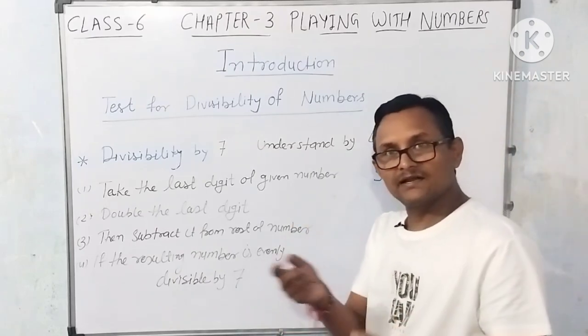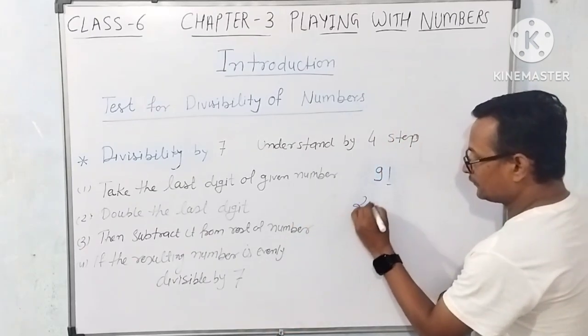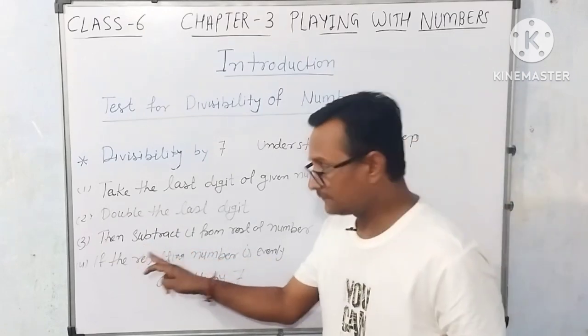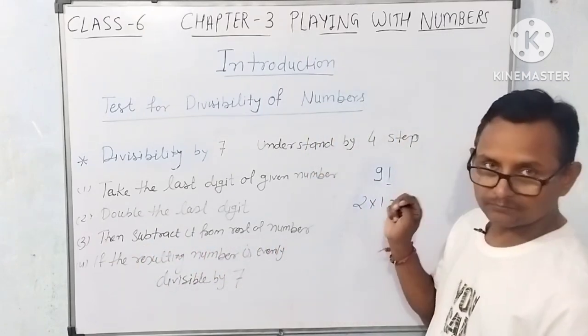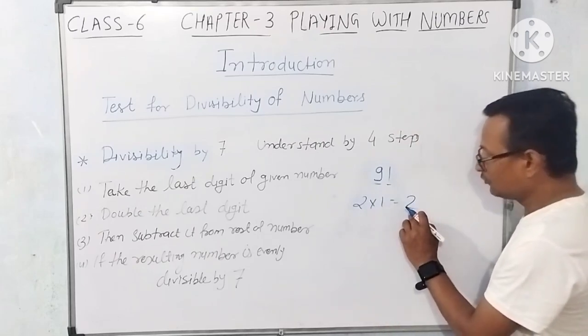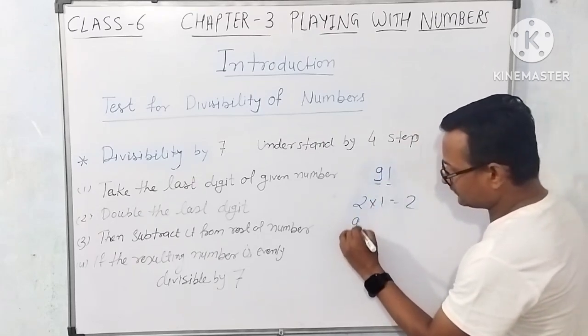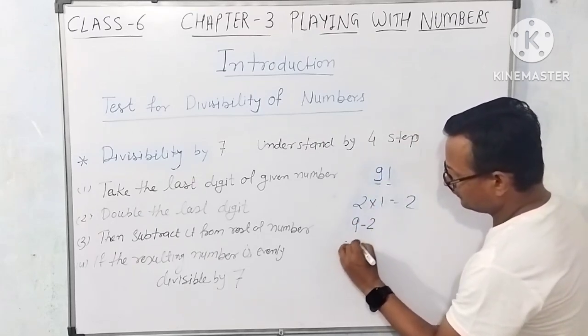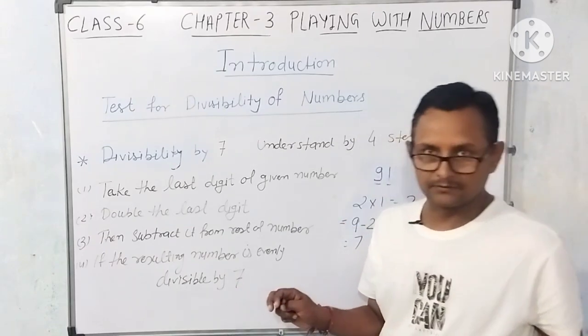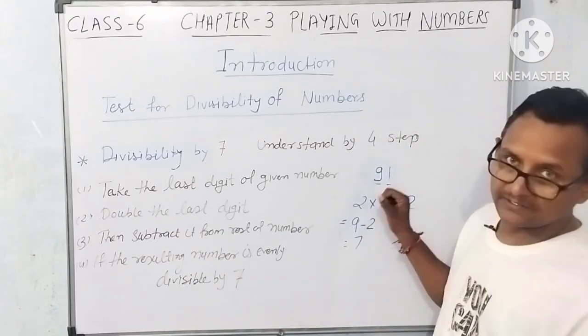Then we have to double the last digit: 2 into 1 equal to 2. Then subtract it from the rest of the number. The rest of the number means 9. We have to subtract 2 from 9. So 9 minus 2 equal to 7. So 7 is divisible by 7. So we can say this number is divisible by 7.